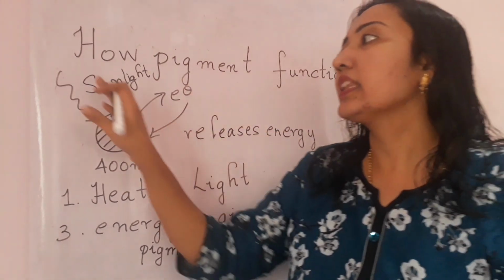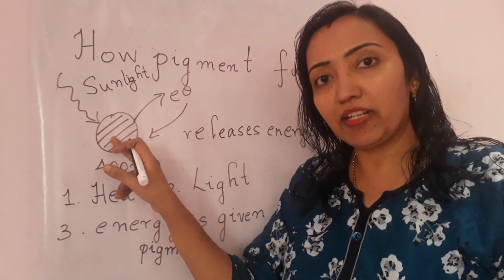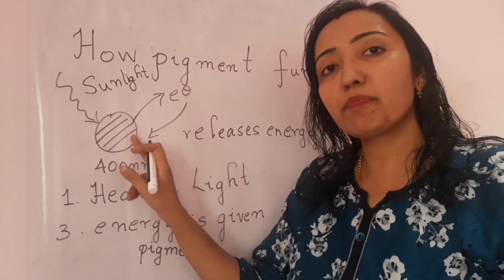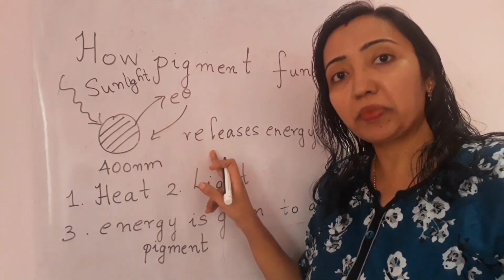So whenever light falls on a pigment, it absorbs energy at fixed wavelength and it excites an electron. This electron comes back to the ground state and it releases the absorbed energy.